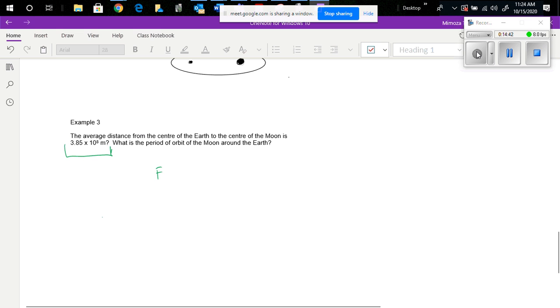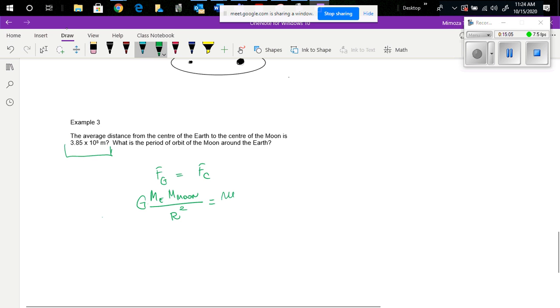So now force of gravity is equal to centripetal force. The universal force of gravity in this case will be capital G, mass of the Earth, mass of the moon, over the distance squared, which is equal to mass of the moon times the centripetal acceleration.